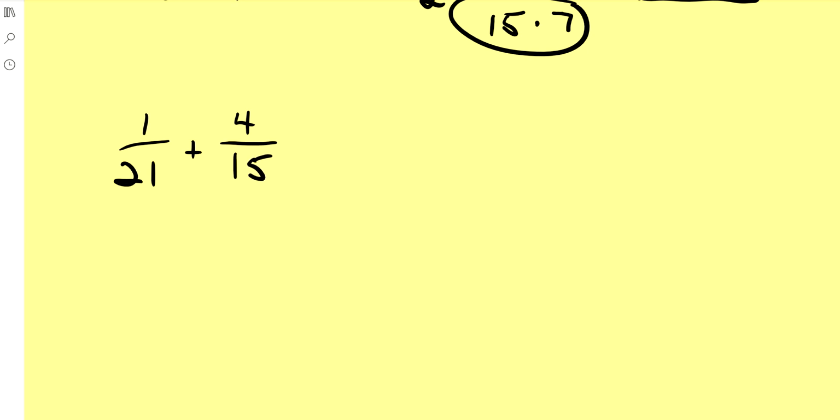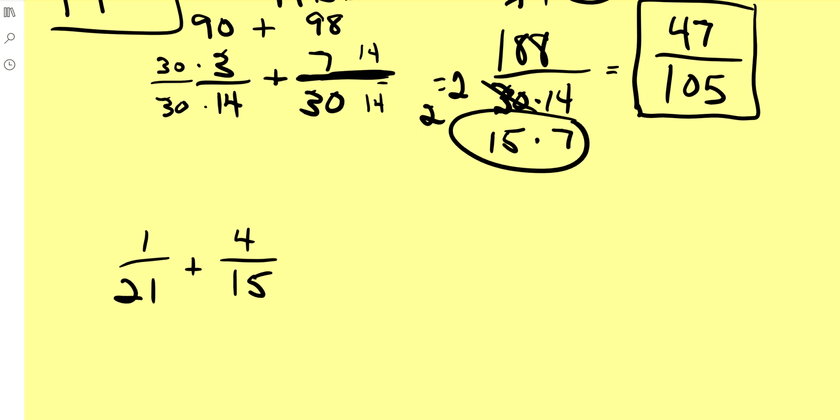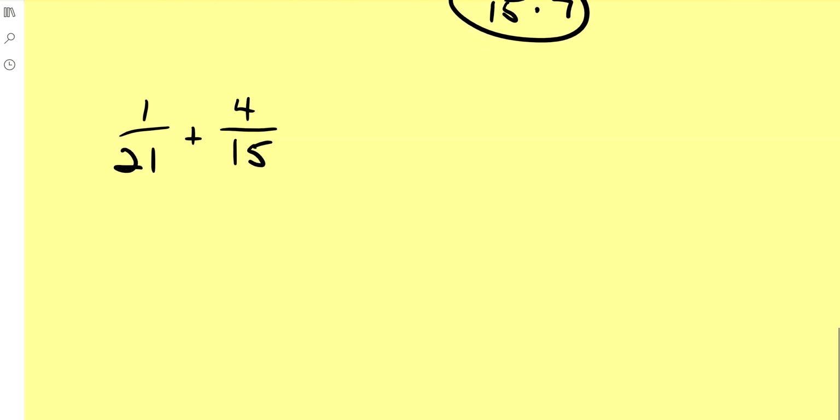All right, and then you'll get the idea of what I did here without actually multiplying it. So over here, I'm going to multiply top and bottom by 15 over 15. And the 15 I'm going to multiply by 21 top and bottom.